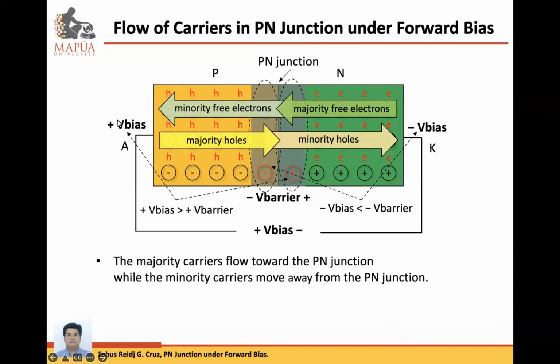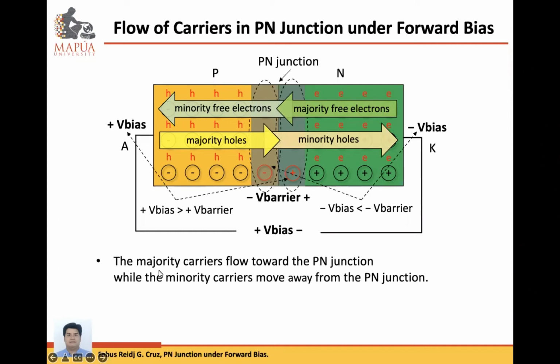Okay sir. Okay. So we can see that the majority holes as well as the majority free electrons are all flowing toward the PN junction. So lahat ng majority holes papunta ng PN junction. Majority free electrons are also flowing towards the PN junction.